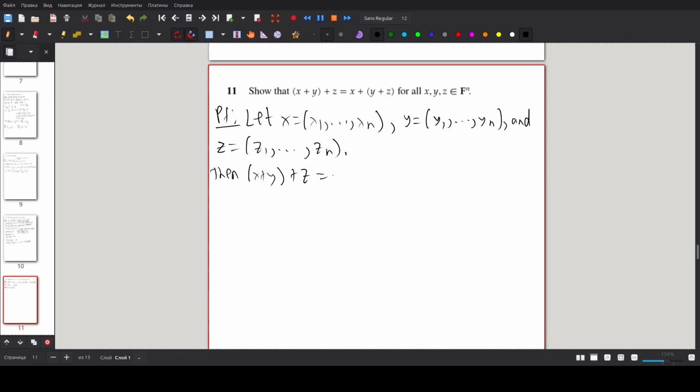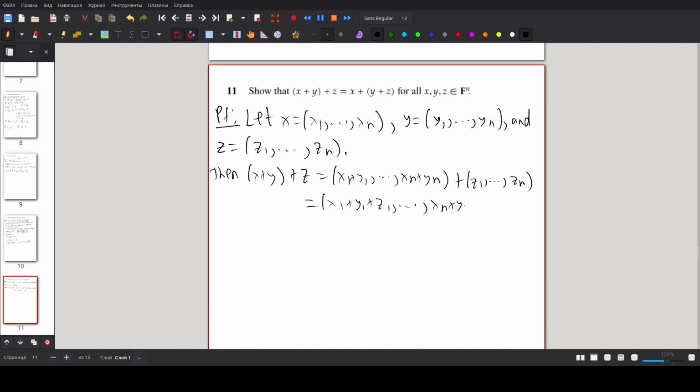So this is going to equal x1 plus y1 dot dot dot xn plus yn, plus z1 dot dot dot zn, and we're just going to combine those again. So that's going to equal x1 plus y1 plus z1 dot dot dot xn plus yn plus zn.